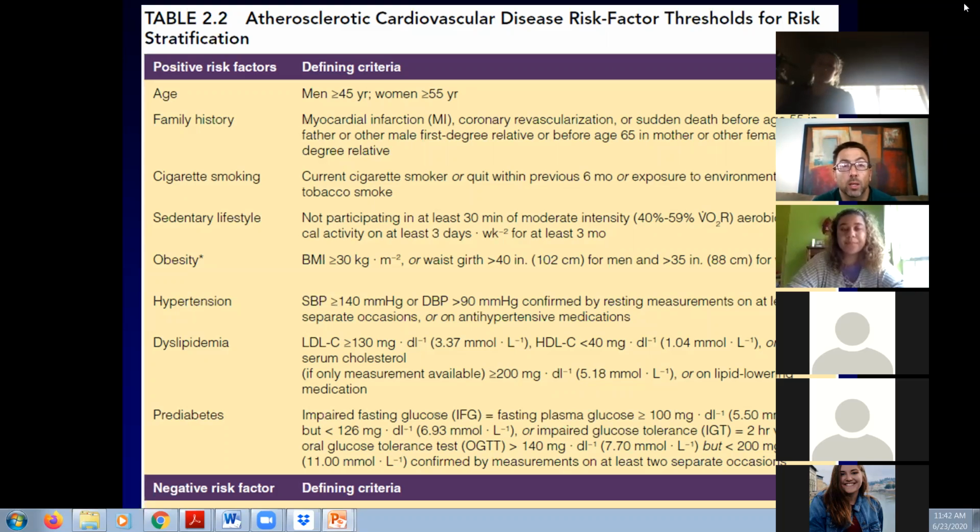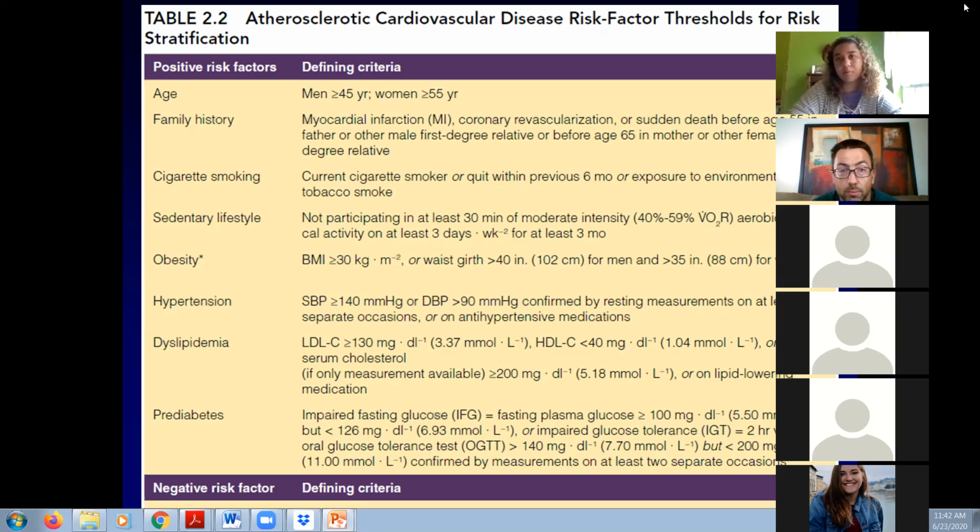So in individuals that are under 45 if they're a man and under 55 if they're a woman, if they are not sedentary and they are not obese by BMI, then we will typically not count not knowing their LDL cholesterol levels and not knowing their blood pressure or their plasma glucose levels against them.